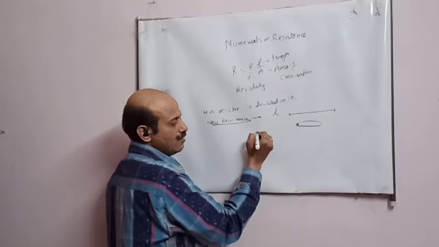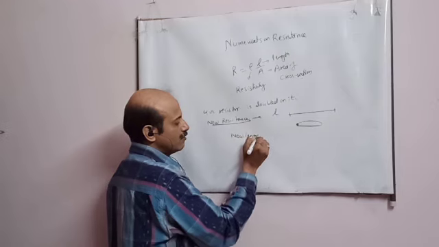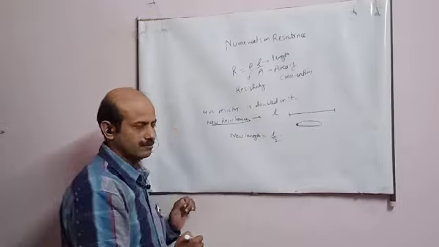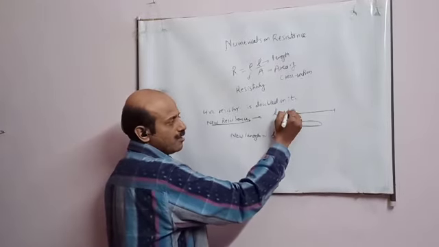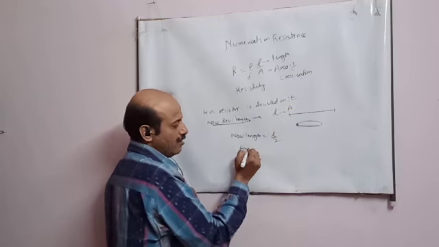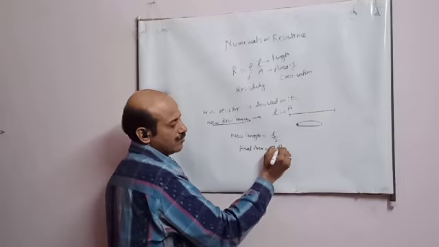This means the length is becoming the new length, L upon 2. And when I am making it double, suppose the initial area was A, the final area is becoming 2A.